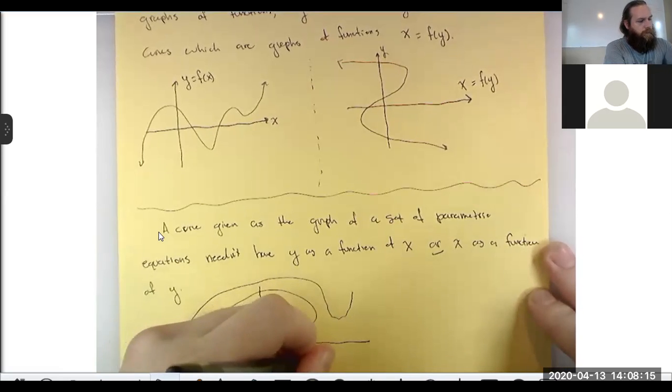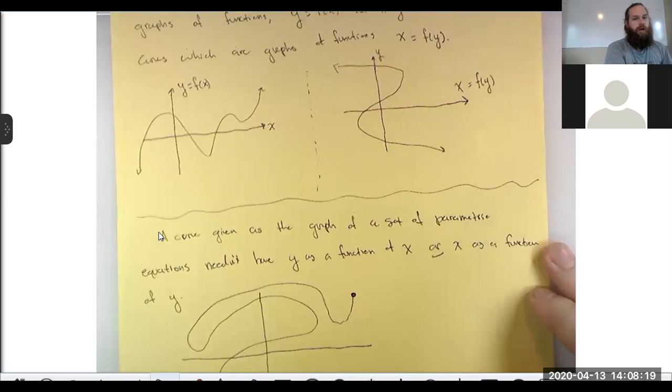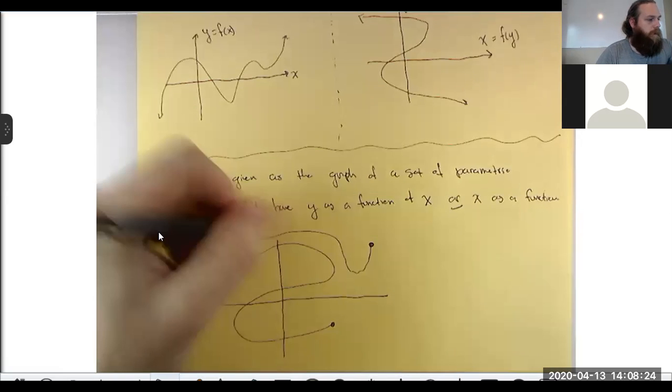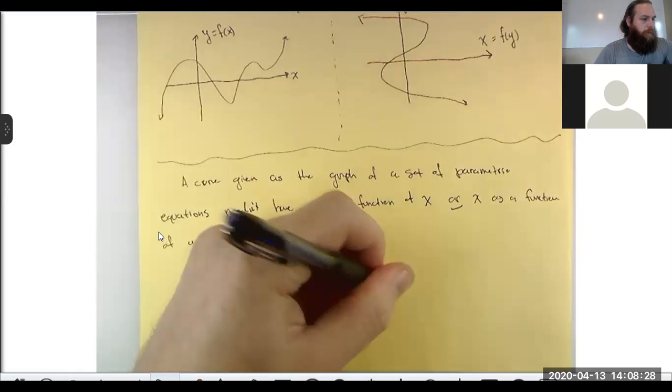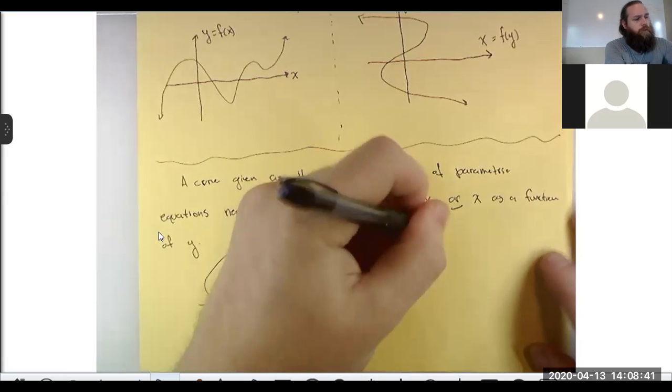The idea is that instead of giving one formula where I tell you how x and y are related to each other, I give you two formulas where I tell you how x and y, each on their own, change over time. We usually think of these as paths of particles in motion. So I would give you two equations.